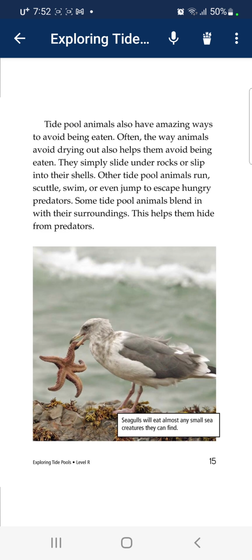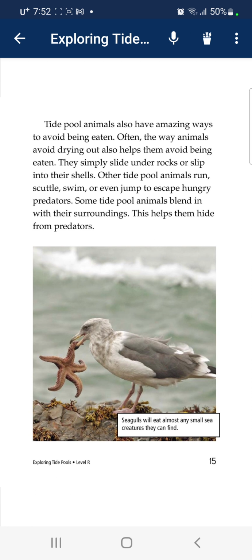Tide pool animals also have amazing ways to avoid being eaten. Often, the way animals avoid drying out also helps them avoid being eaten. They simply slide under rocks or slip into their shells.